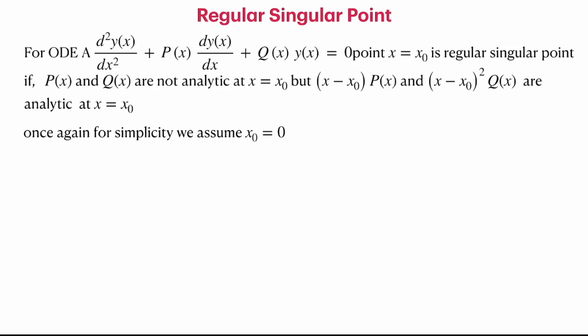Once again, for simplicity, we assume that x naught is equal to 0 without loss of any generality. Otherwise, we can shift the origin to x naught.